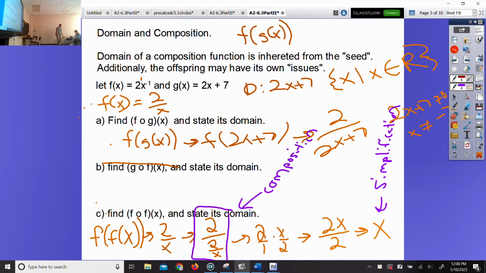Composition is a fraction. Fractions introduce the ability to divide by 0. What's the one thing you couldn't divide by at the point of inception when you created the function in the first place? Couldn't divide by 0. So even though this is the final product, if you go back and look as you were creating it, x couldn't be a 0. You can't just look at final products.